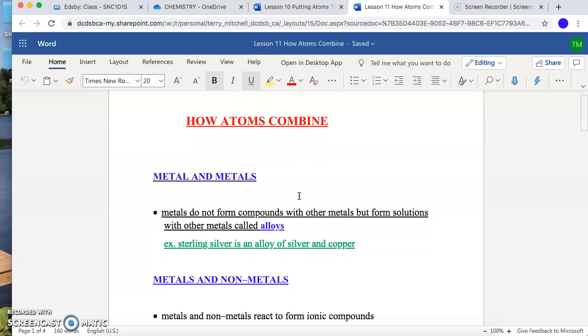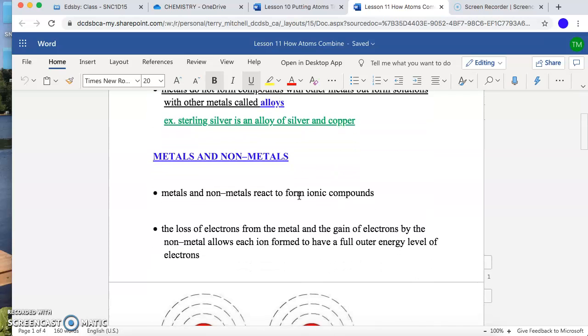Now, last day I started talking about ionic bonding, and that's between metals and non-metals. This is when we have one metal and one non-metal bonding with each other, and they form what's called an ionic compound. Atoms want to have a full outer orbit. In the case of alkali metals that only have one electron in their outer orbit, it wants to lose that one electron to get down to a full outer orbit.